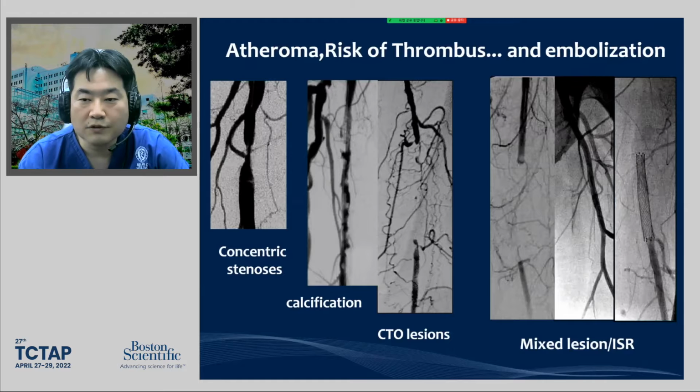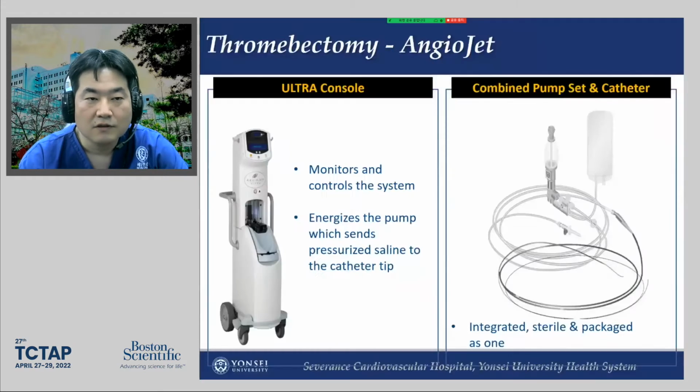In the femoral popliteal artery, there are many kinds of lesions and characteristics of the occluded lesion. The classification is chronic total occlusion and thrombotic lesion. So with the AngioJet device, we attack the thrombotic lesion.